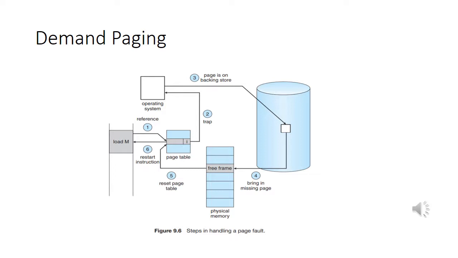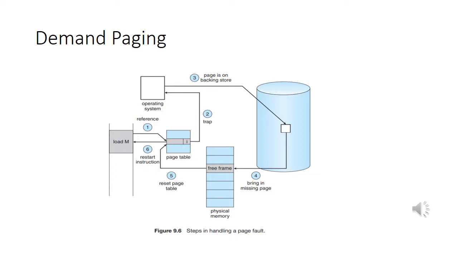This figure shows the steps for handling a page fault. When the processor refers to a page, it checks with the page table. The valid-invalid bit of the corresponding entry in the page table is set to invalid. It identifies that the page is not in main memory. Then the processor temporarily stops the execution of the instruction, and it is a trap to the operating system.